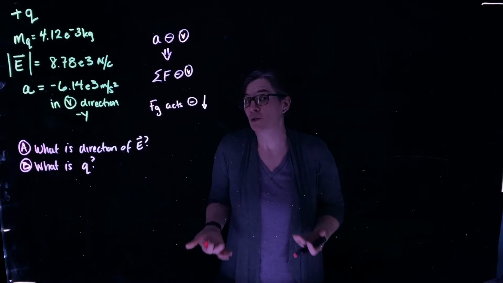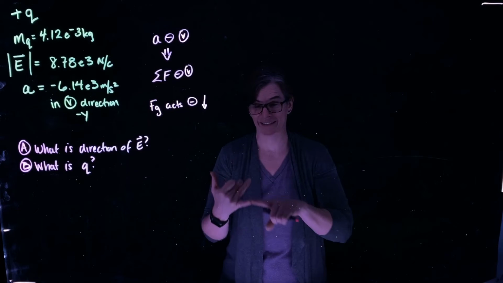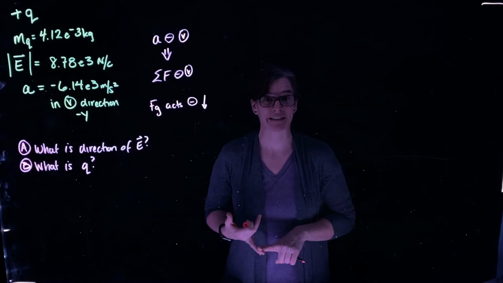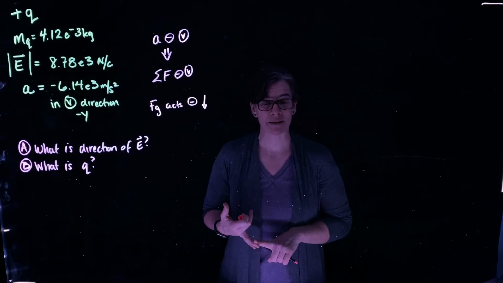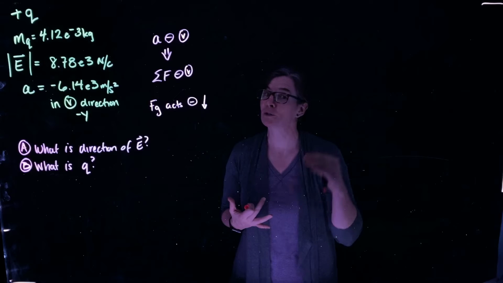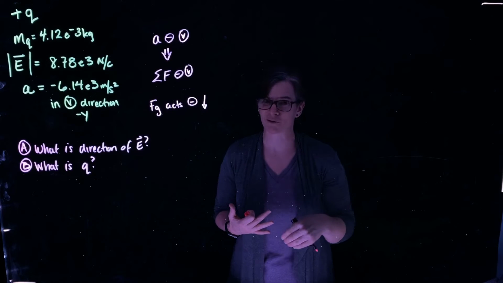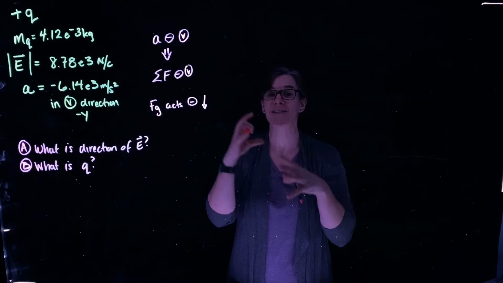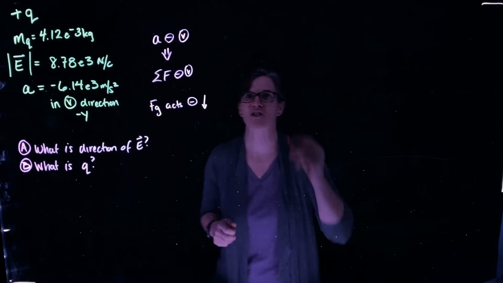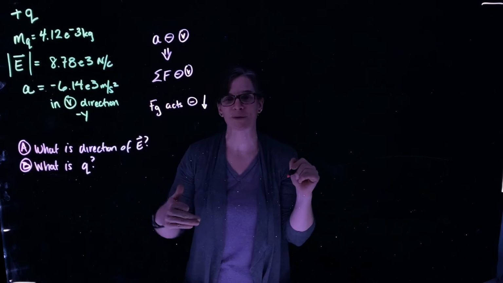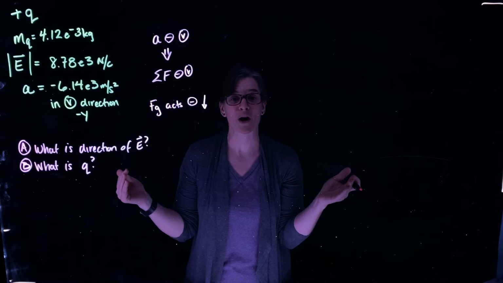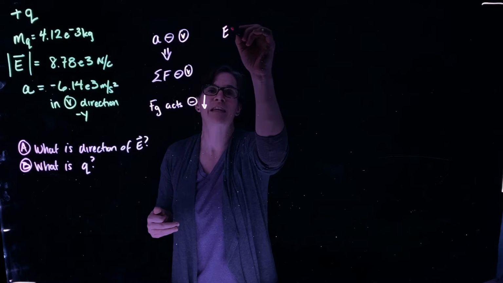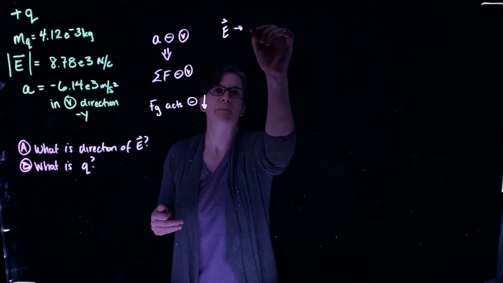I only have two forces acting on this particle, the electric force and the gravitational force. Since the gravitational force is purely vertical, the electric force has to be purely vertical. So that starts to get us answering this first question. Because the acceleration is purely vertical, there's no horizontal component, the electric field must be vertical.